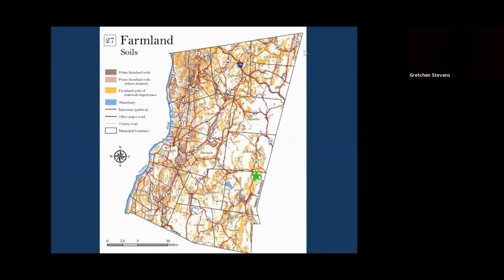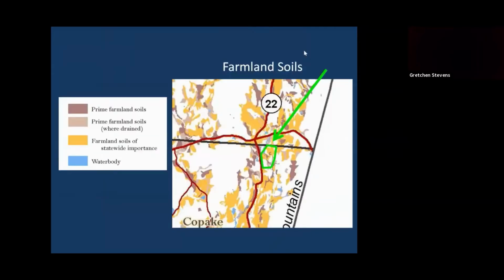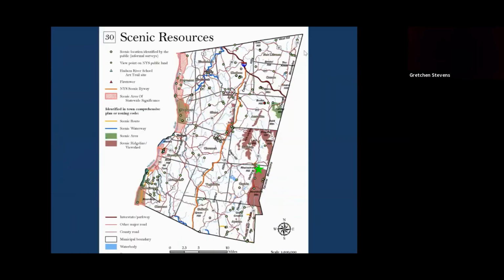This is a map of good farmland soils, and it shows that the site does have both prime farmland soils in the darkest brown and the lighter brown, and farmland soils of statewide importance. Much of the site is underlain by good farmland soils.